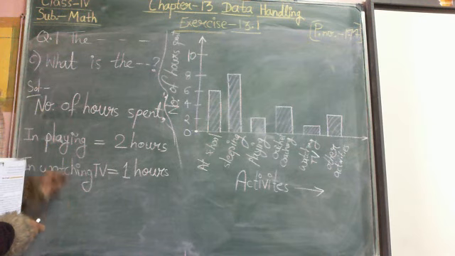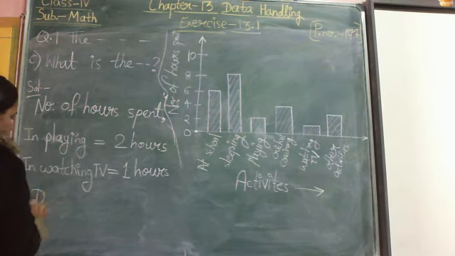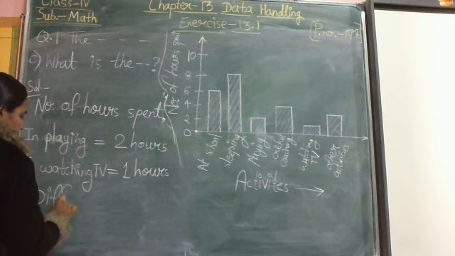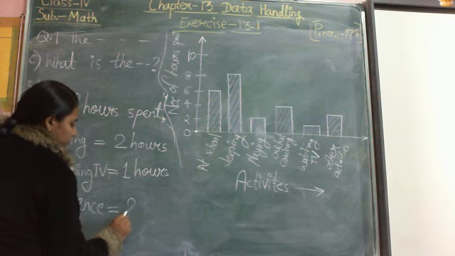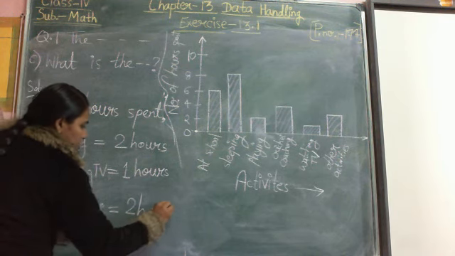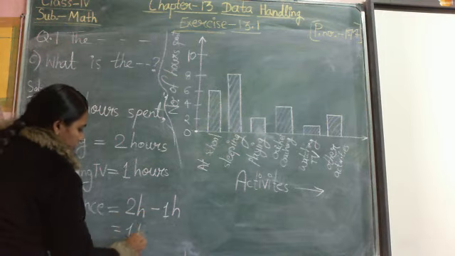Now what do we want to calculate? We want to calculate the difference. Difference means subtraction. So difference is equal to 2 hours minus 1 hour. 2 minus 1 is 1 hour.